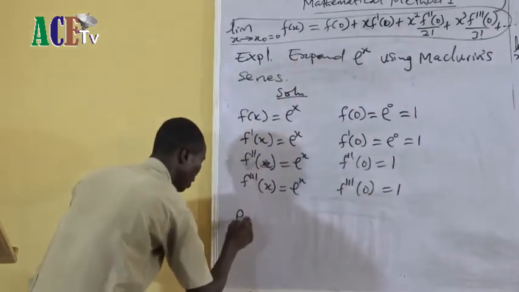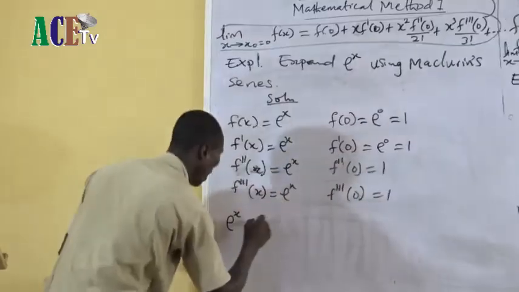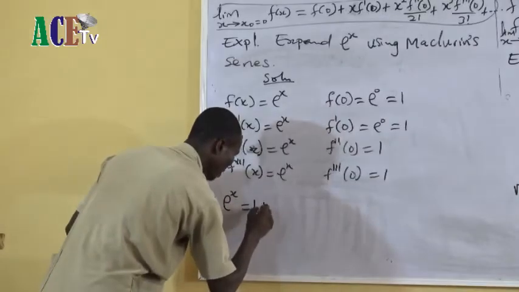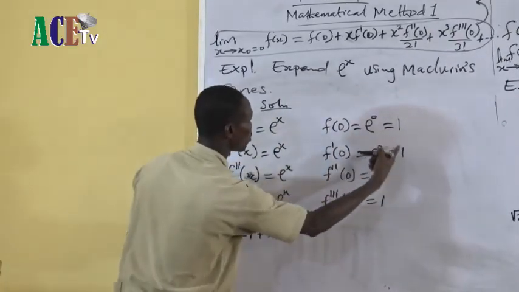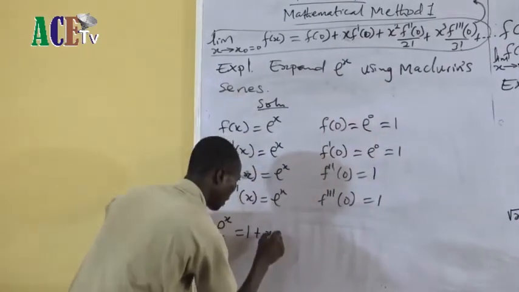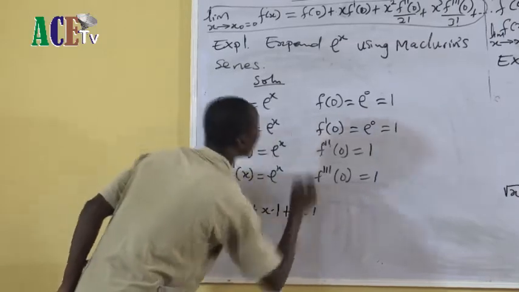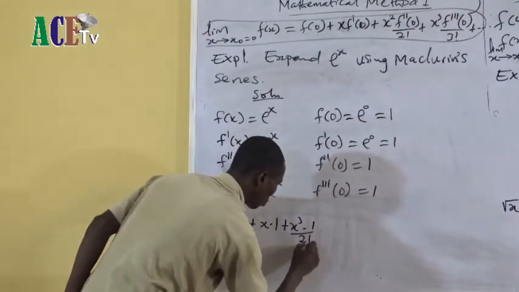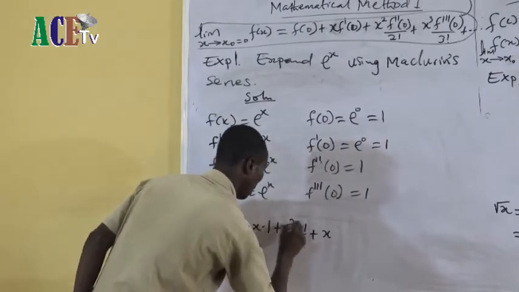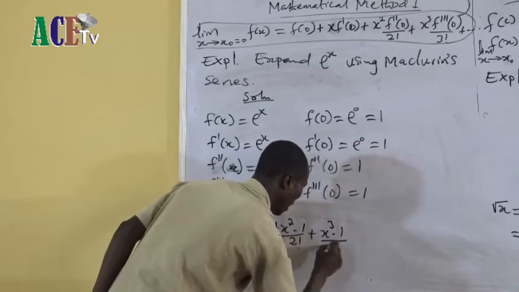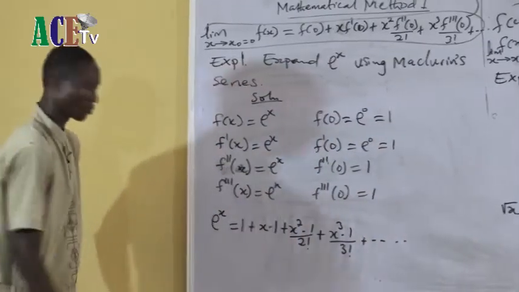We now say exponential x is equal to, look at the first one, is 1 plus x, because f prime of 0 now is 1, times 1, plus x squared times 1 over 2 factorial, plus x cubed times 1 over 3 factorial, and so on and so forth.